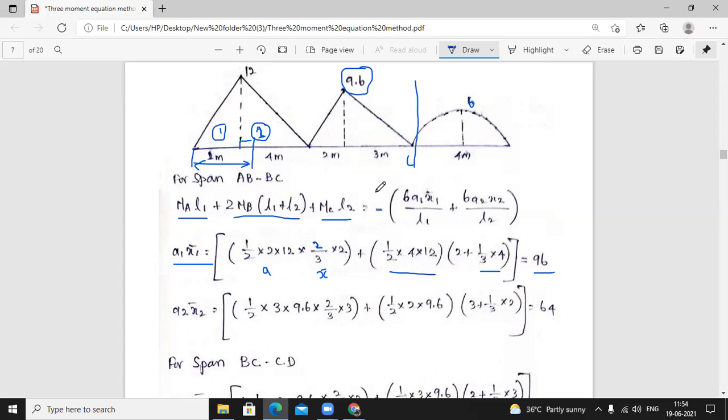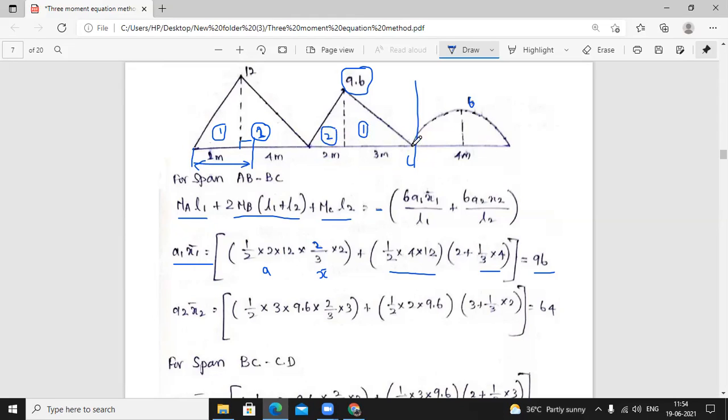Next, coming to the second span bending moment. For the second span bending moment, this is the first portion and this is the second portion. Now for this diagram, where is the edge?